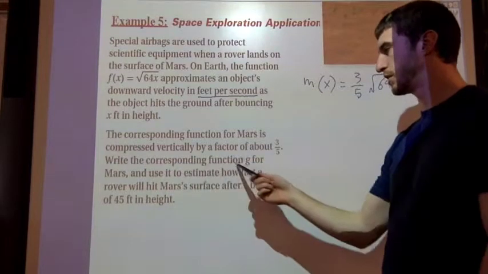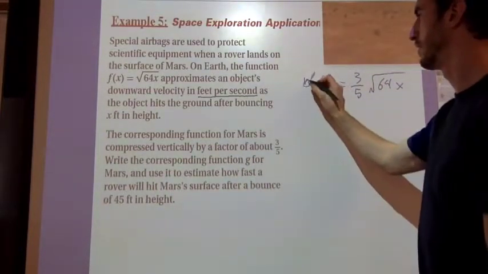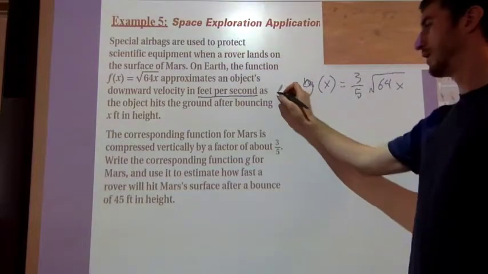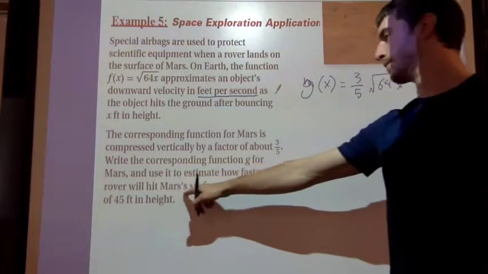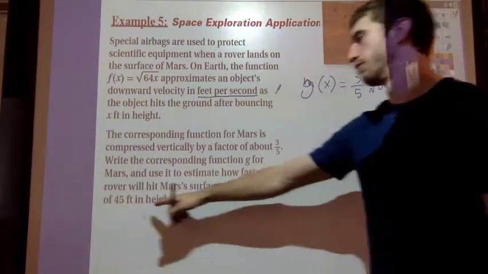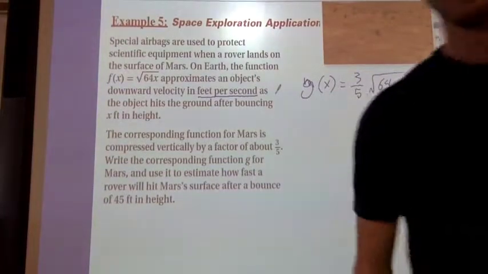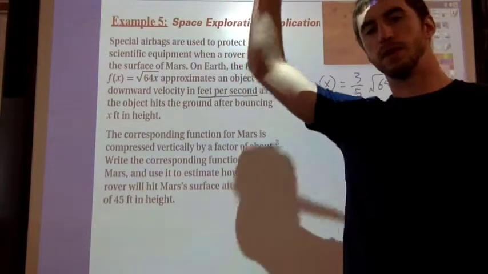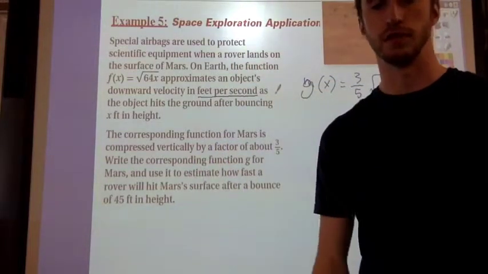Write the corresponding function g for Mars. Oh, I should have put g. Okay, no m, g. And use it to estimate how fast a rover will hit Mars's surface after a bounce of 45 feet in height. So it bounces off the surface of Mars up to 45 feet, and it wants to know how fast it's going to hit the surface after that bounce.